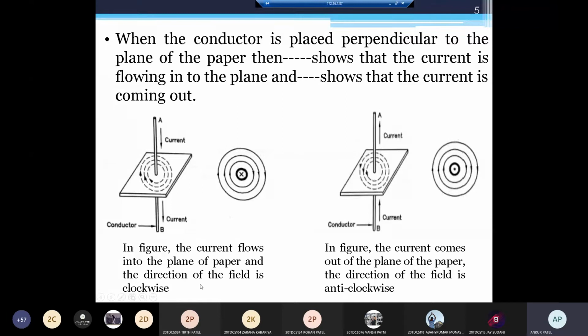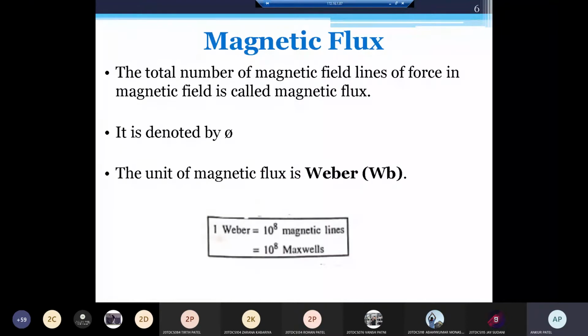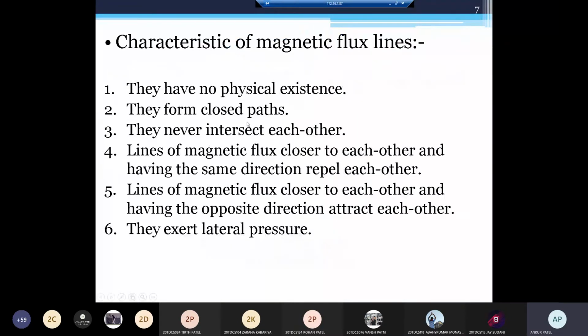So here the field is clockwise and here the field is anti-clockwise. You can see the direction of current coming in and coming out is denoted by these cross marks and dot marks according to Fleming's right hand rule when we hold the conductor. So we discussed these basic terms.